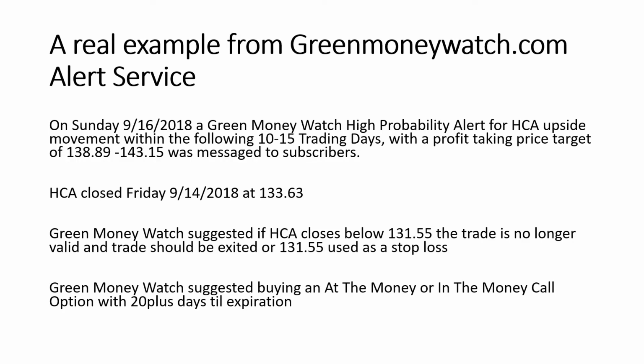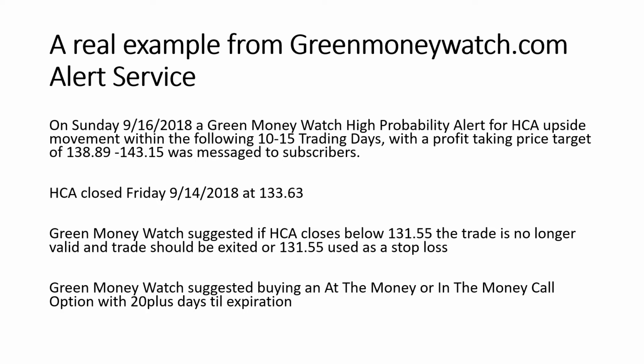Now let's look at a real example from the GreenMoneyWatch.com alert service. On Sunday, September 16th, Green Money Watch sent out a high probability alert for the company with the ticker symbol HCA, to show upside movement within the following 10 to 15 trading days.